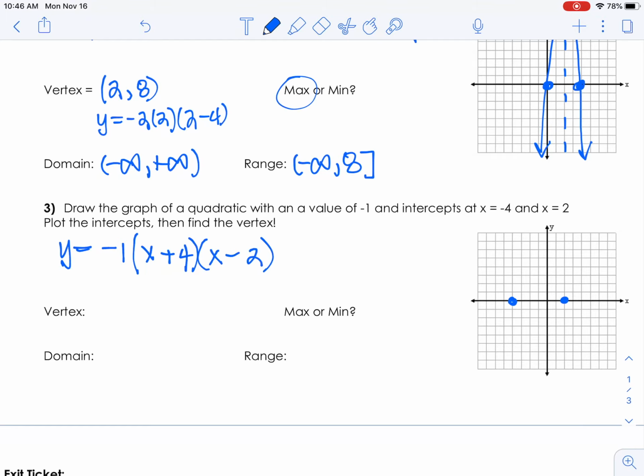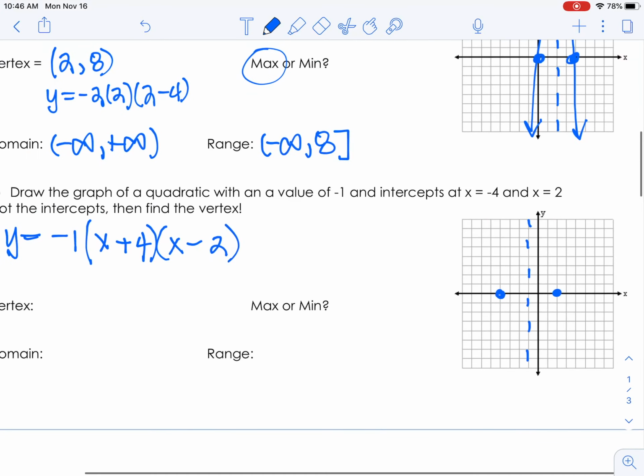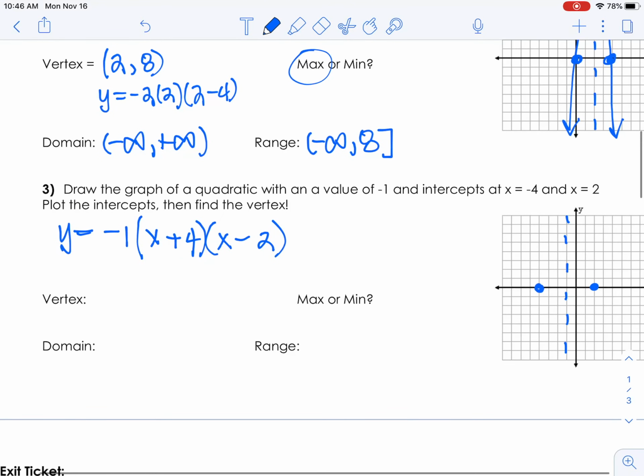Okay, so given this information, we can write our equation. Then we can count, right? We are 1, 2, 3, 4, 5, 6 units apart, so we go 3 in either direction. That gets us at -1. So we know our axis of symmetry is -1, so the x value of the vertex is -1.